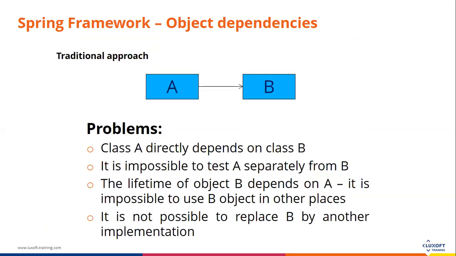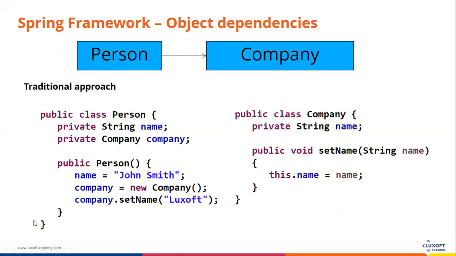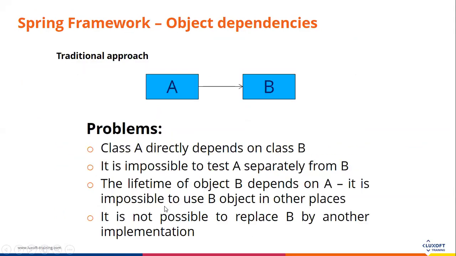Then the lifetime of the object B, which was company in our case, depends on A, which was person in our case. So you see that this company has been created here at the level of the constructor of the person class. So as we are saying here, it is impossible to use the B object in other places.